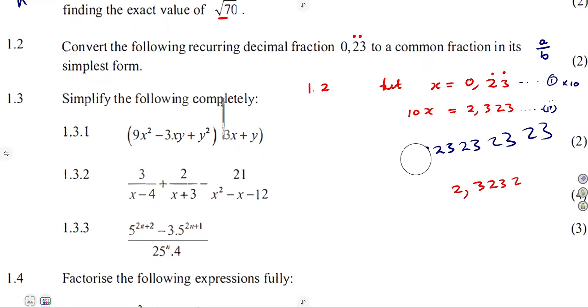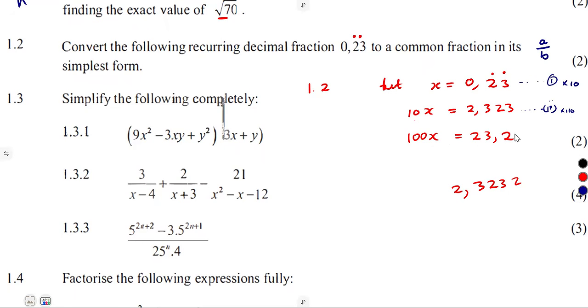But if we multiply again by 10, this equation 2, we take our equation 2 and multiply it by 10. So it is now 10 times 10, which is 100x. Multiplying this by 10, we're just going to move the decimal point to the right. So it's going to be 23.2323, and so on.